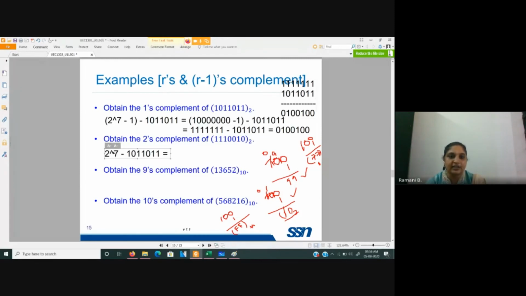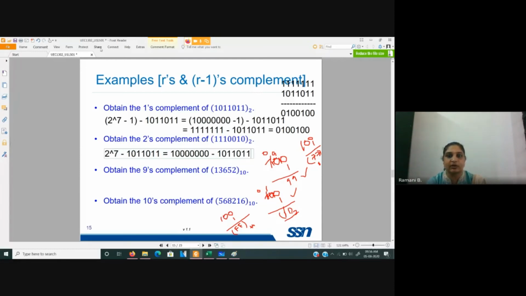So here I have considered another example where we are to find the 2's complement. So here this is 2 power 7, which means it is 1 followed by 7 zeros, 1, 2, 3, 4, 5, 6, 7, minus 1 0 1 1 0 1 1.